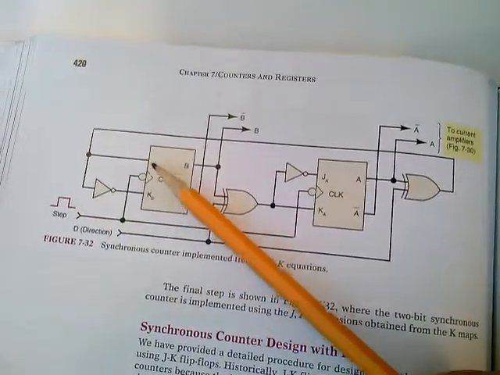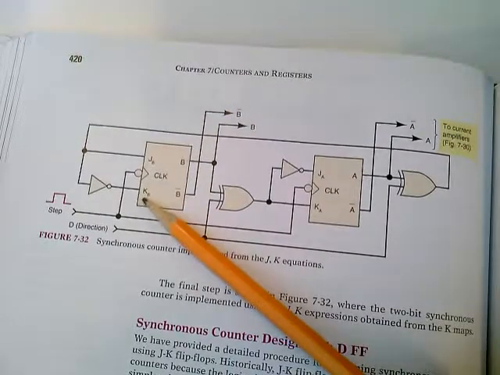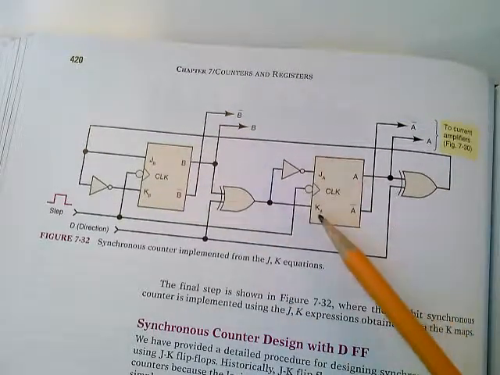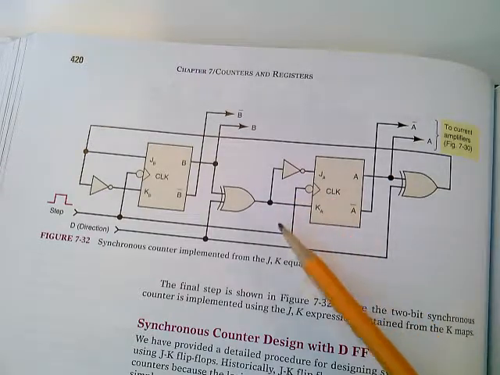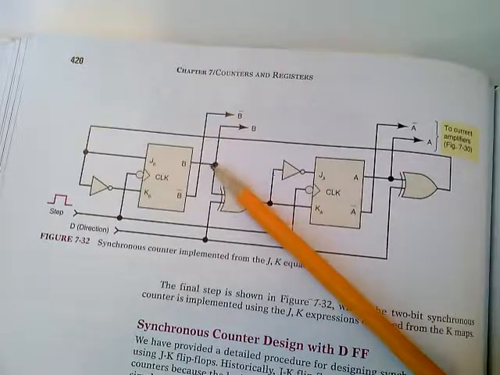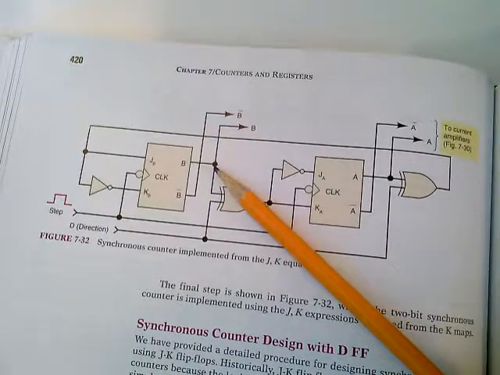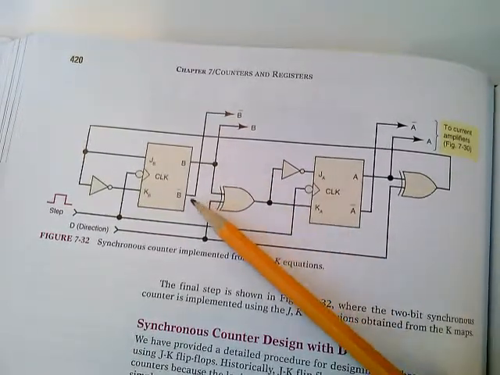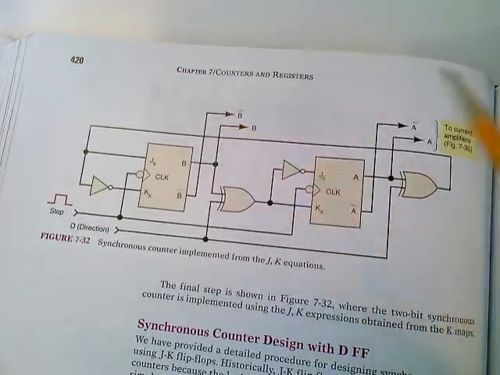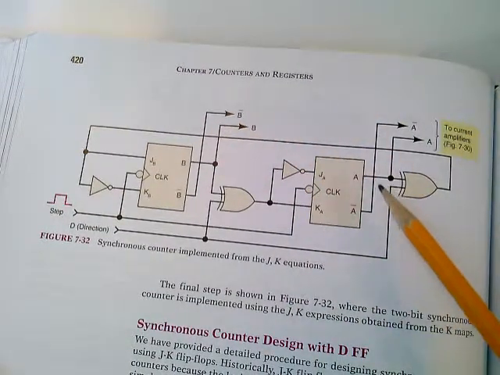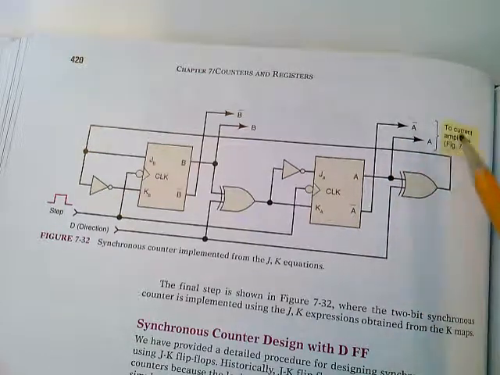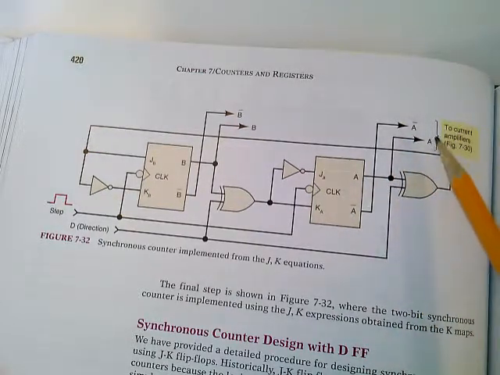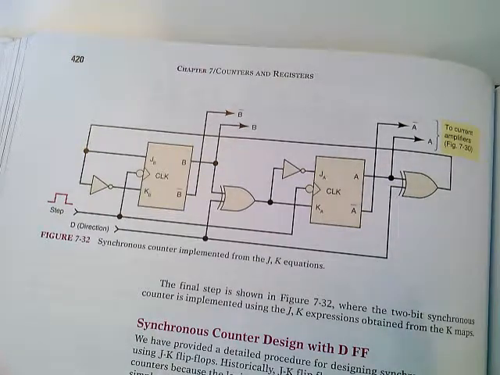Don't forget that's J1, K1, and JA KA, which is J0, K0. I built those inputs from my expressions. My outputs B, Q1 if you will, and Q1 bar, and A, Q0 and Q0 bar go to those current amplifiers to provide enough current for the coils in the motor.